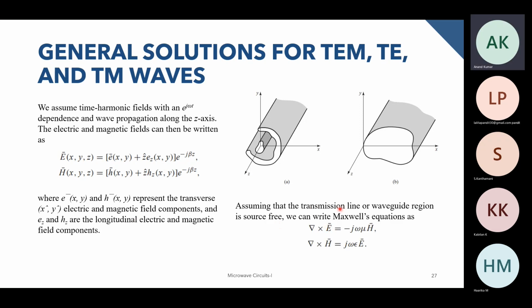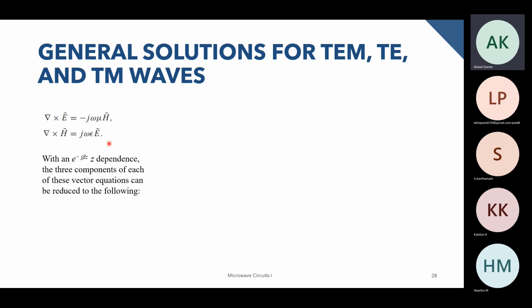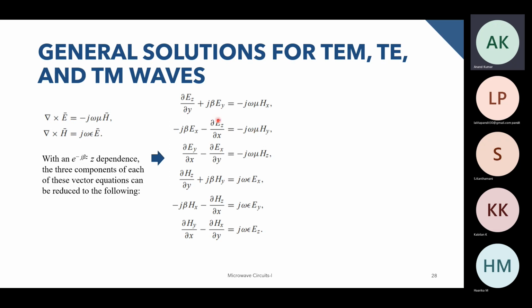Assuming that the transmission line or waveguide region is source free, we can now write Maxwell's curl equations in this form. We have omitted the source terms here. Without the source, the Maxwell's curl equations look like this. We have already seen this in the second module. Now, using these curl equations and with this e power minus j beta z dependence, we can break down the electric field and magnetic field into all these six components, which we can write like this.